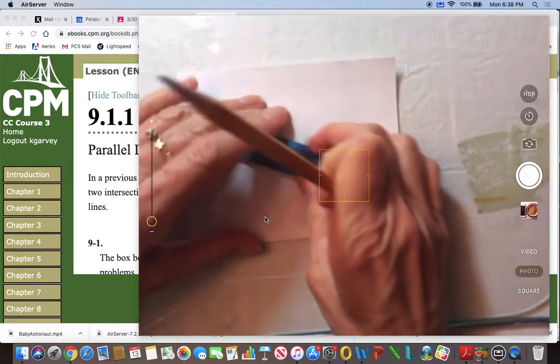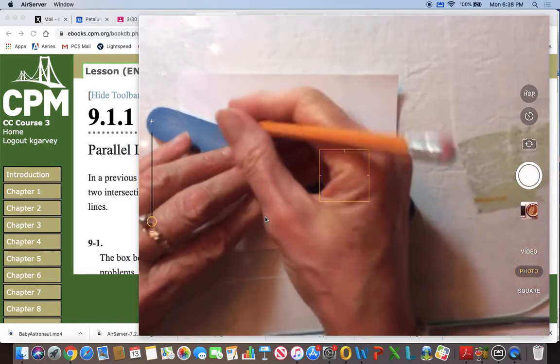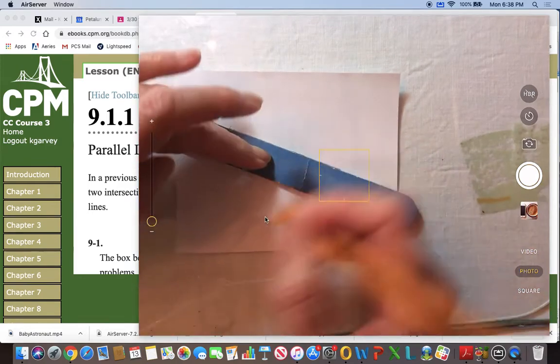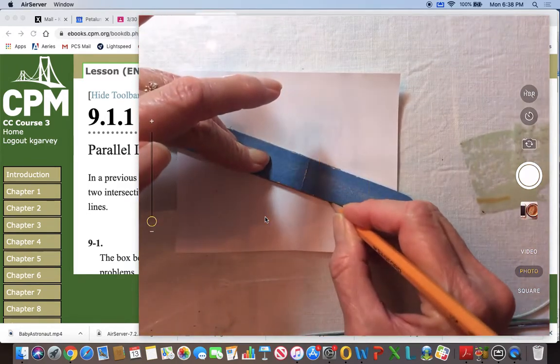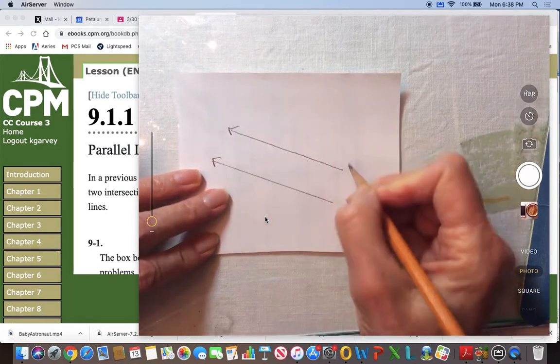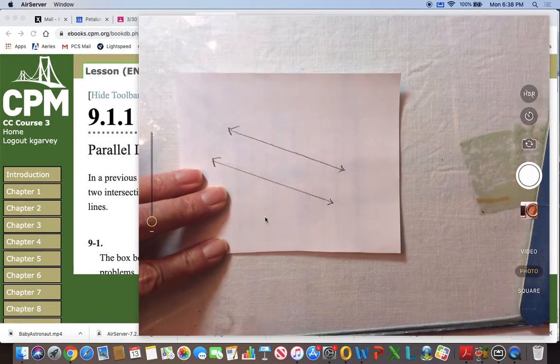First of all, I'm going to draw two parallel lines because, after all, this is about parallel line angle pair relationships. So there are the two parallel lines. And I will put arrows on them because they extend infinitely in either direction.